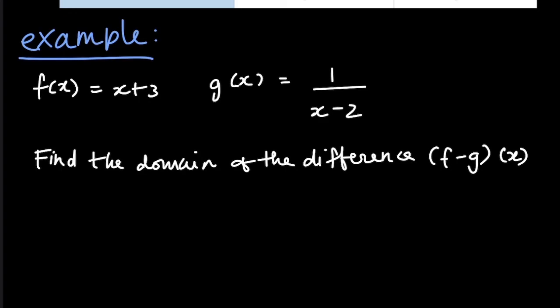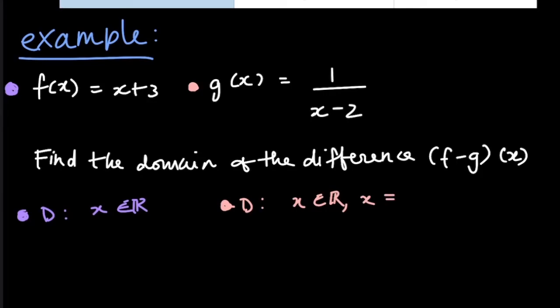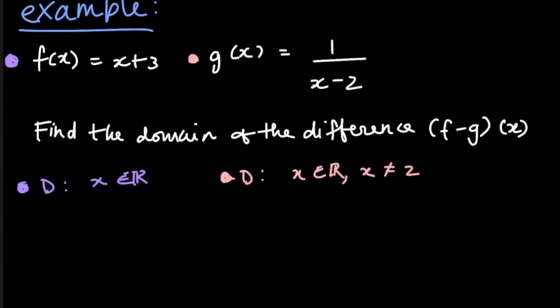So first let's look at the individual domains. The domain for f of x is all real numbers. And the domain for g of x is x is all real numbers, but x cannot be 2.